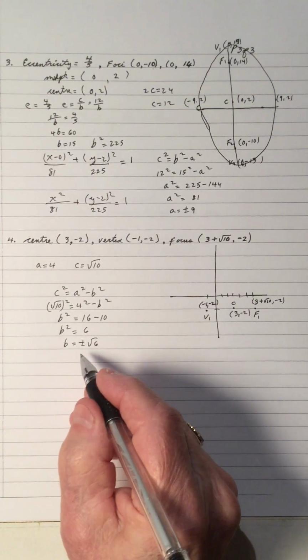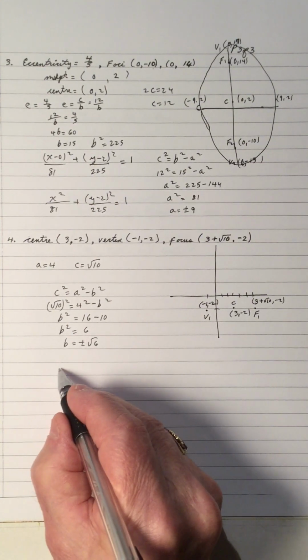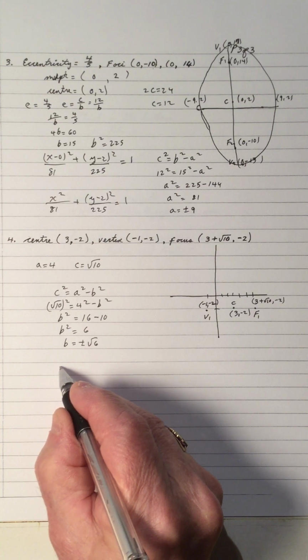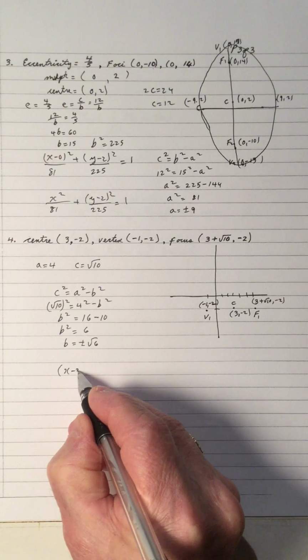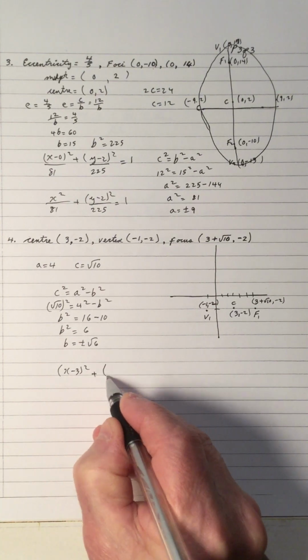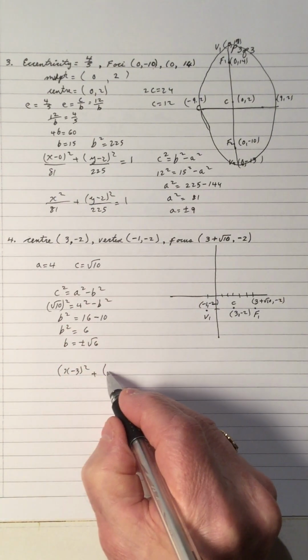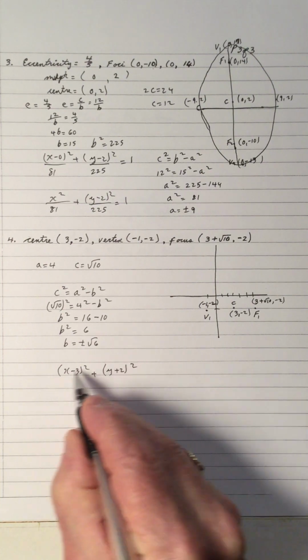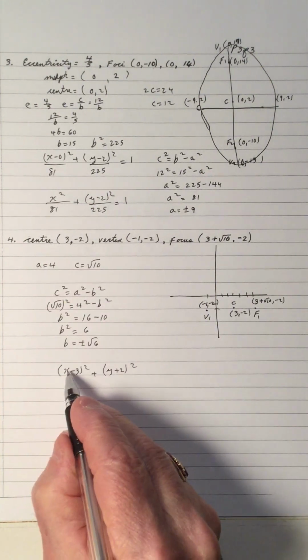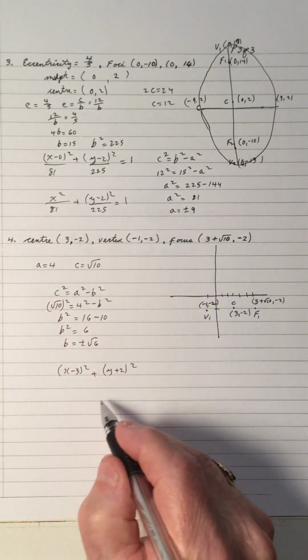But we need the equation as x minus h. So that's a 3, so it's x minus 3 squared. And that's a -2, so it's y subtract -2, which is y plus 2. Again, that's minus 3, that's plus 2.